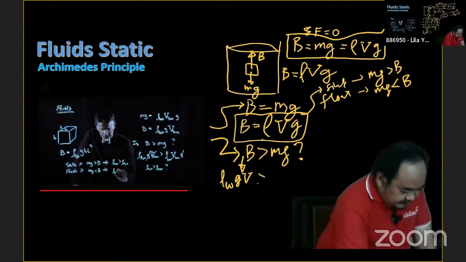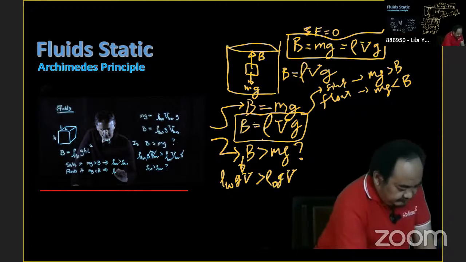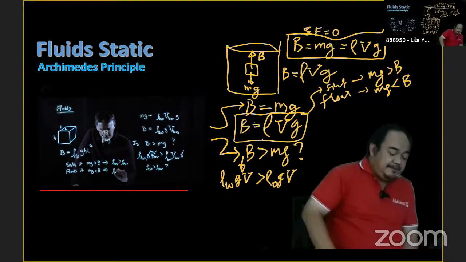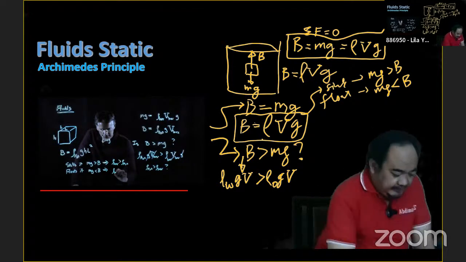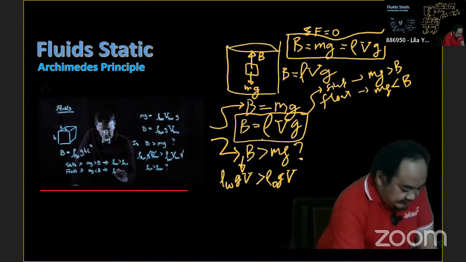And this is the rho of the object, or rho O, and then g and the volume. The volume of the object is the same as the volume of the displaced water, so we can eliminate this part.